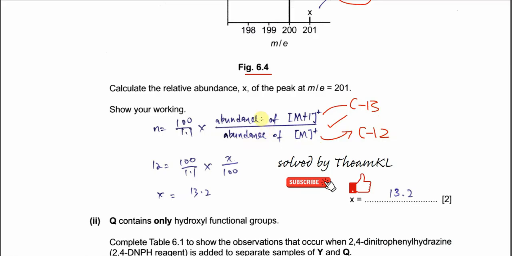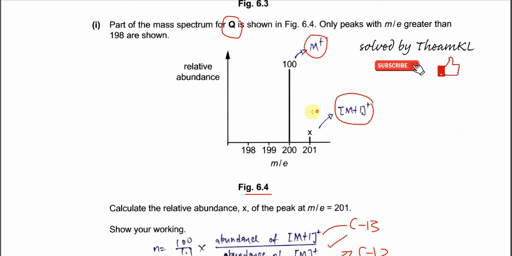You use this equation to get X, the relative abundance of M plus 1. 100 is the relative abundance of M plus. That's how you analyze this mass spectrum.